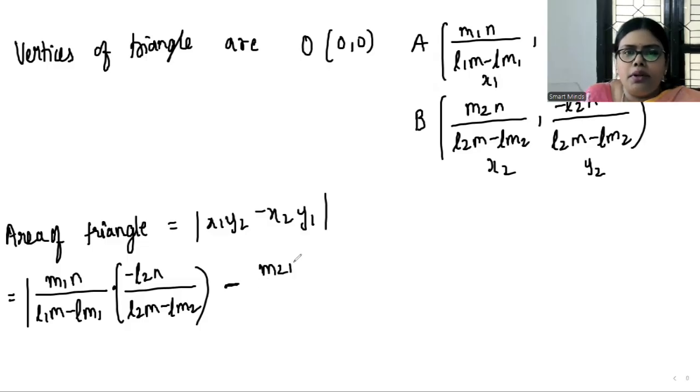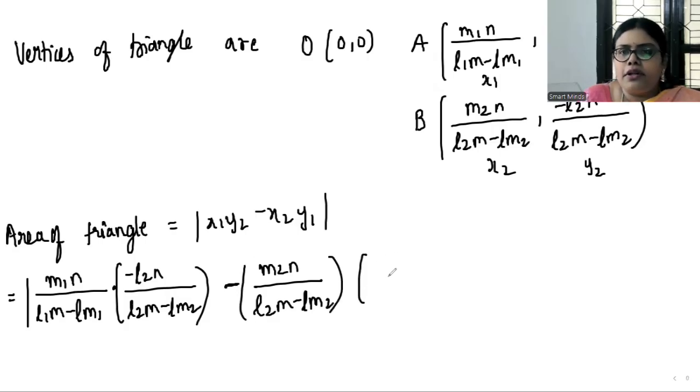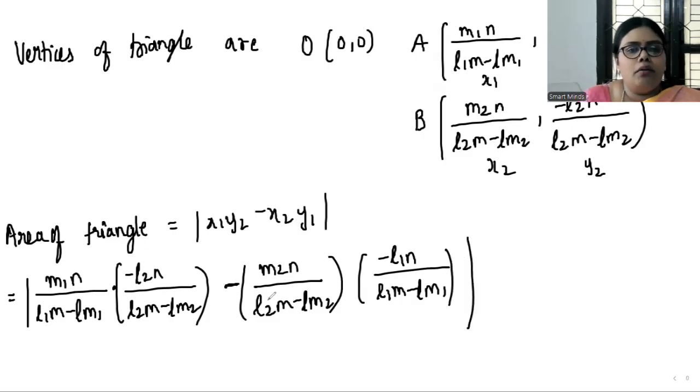X2 is M2N by L2M minus LM2 into what is y1? Minus L1N by L1M minus LM1. Okay. Now here you have minus, here you have minus. Minus into minus will become plus. So I'm writing this second term first because I always want the first term positive. So that is equal to mod. How can we write this now? Tell me.